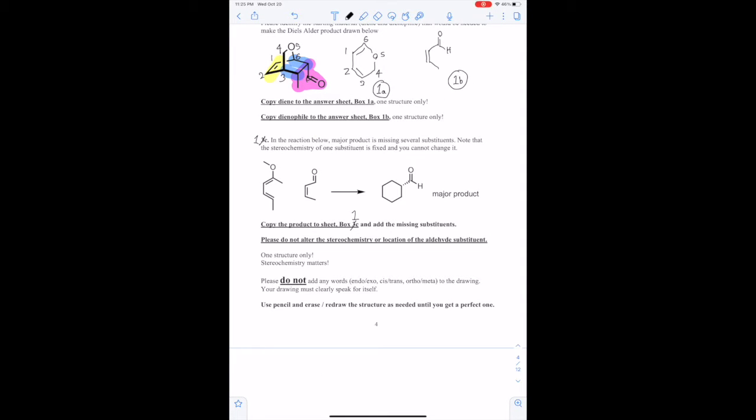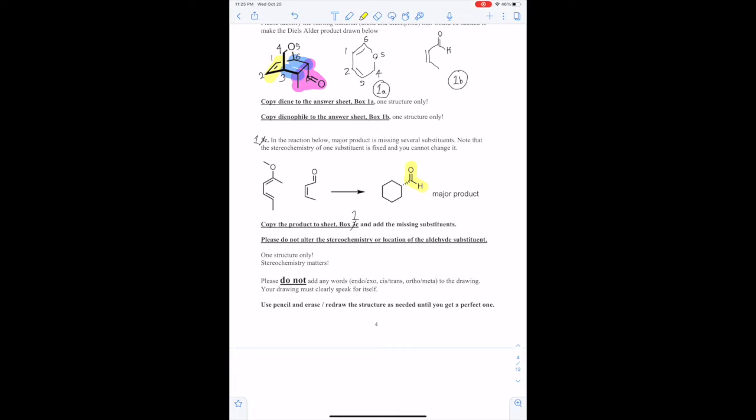Okay, so next we're gonna do 1C. So in the reaction below, major product is missing several substituents. Note that the stereochemistry of one substituent, and that is this one right here, is fixed and you cannot change it.